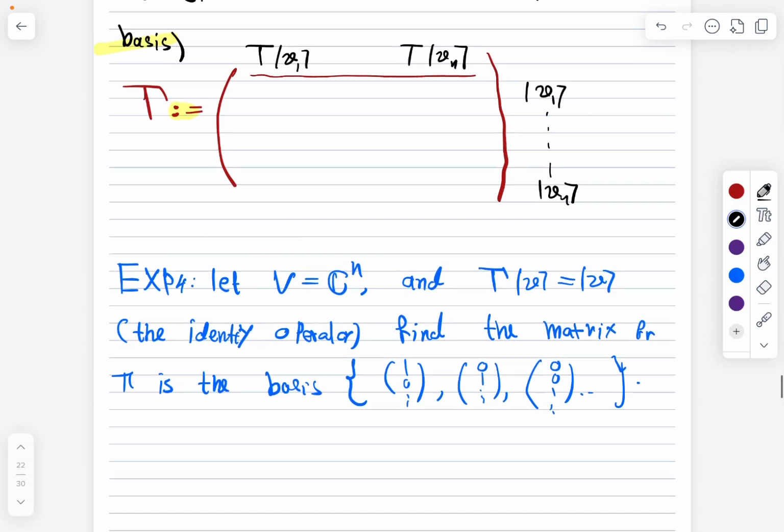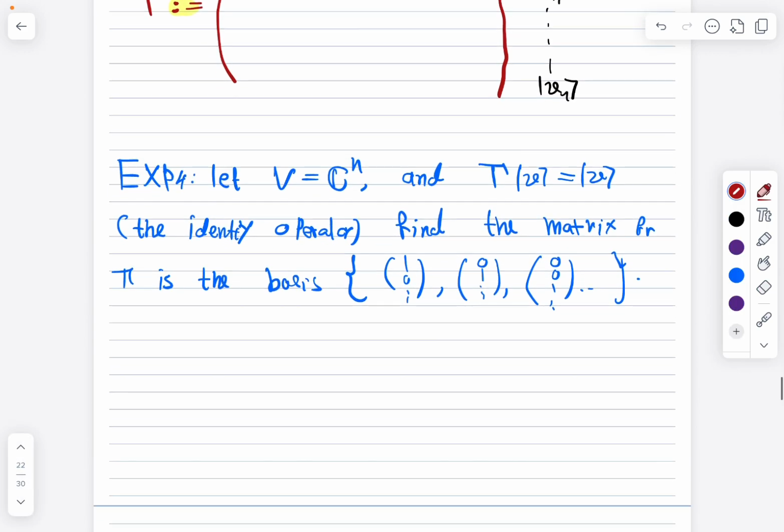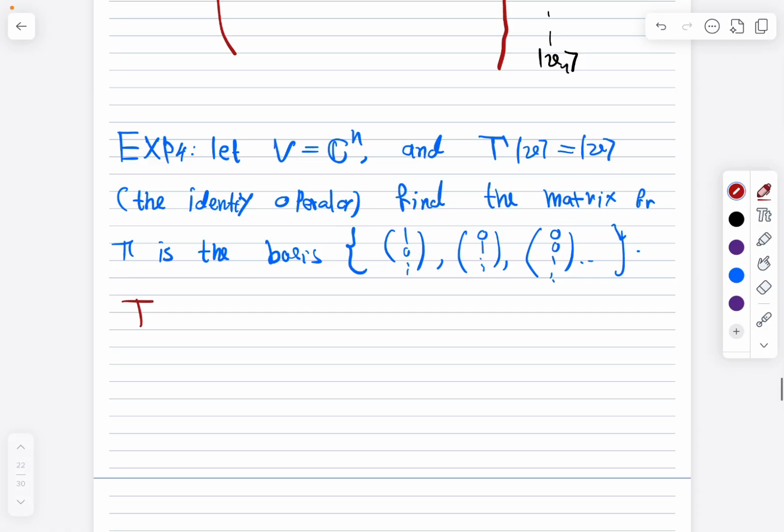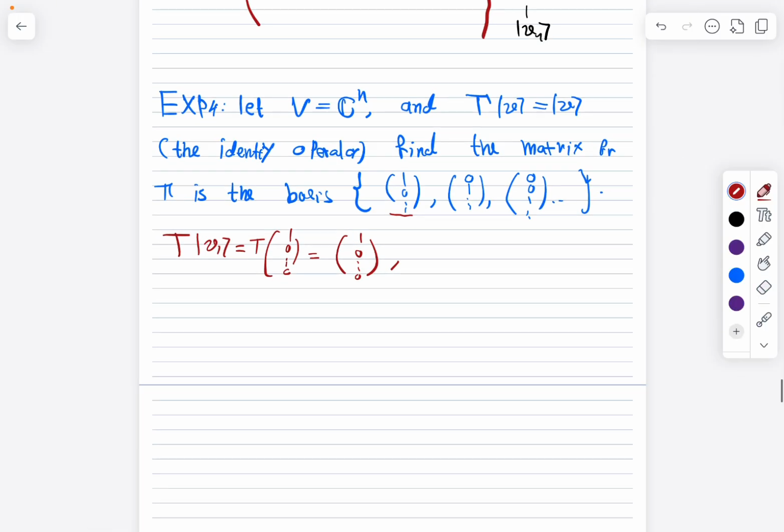First of all, let's find the first column. You take T and apply it to the first basis vector, V1, let me call it. So T at (1, 0, ..., 0), because it is the identity, gives the same vector, all zeros after the 1. This becomes the first column.